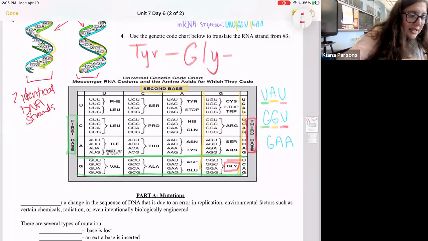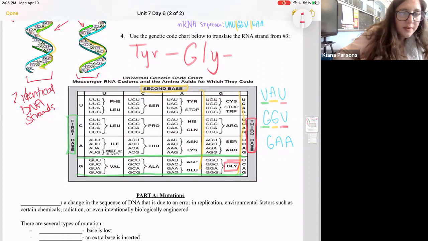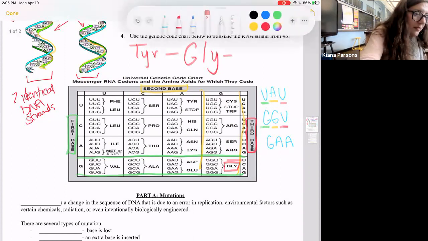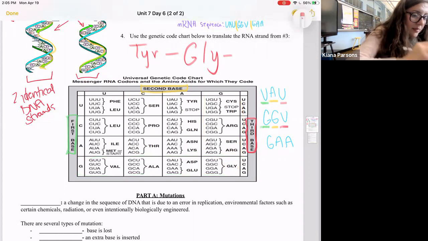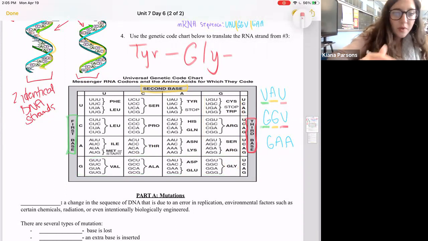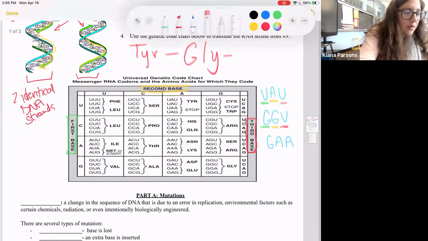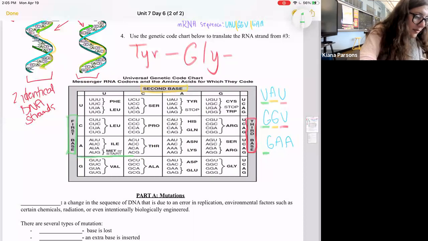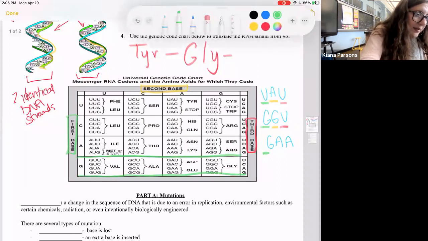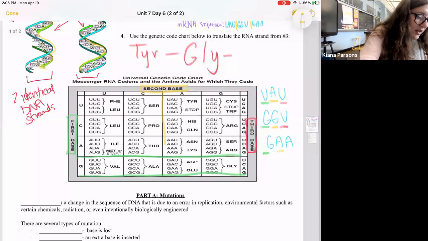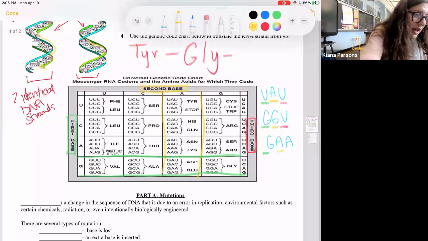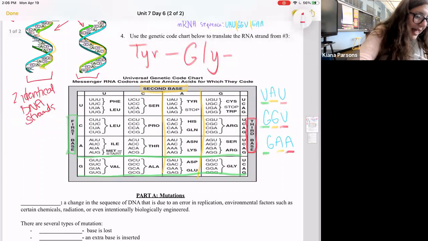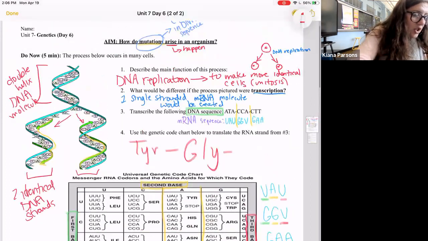And then our last triplet, our last codon, we're going to take our first base, G, in this bottom row again, our second base, A, so we're in this third column, and our final base, A again, we got GLU.